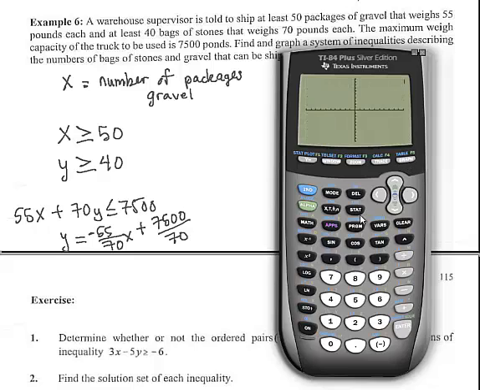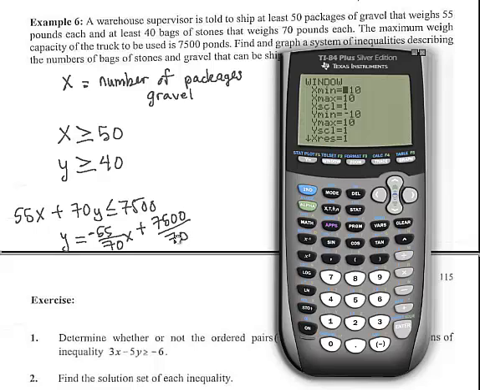And we'll graph it. Okay. We cannot see anything, but if we think about our window limits, then we want x to be greater than 50, and then the y-intercept of this line here is about 100.